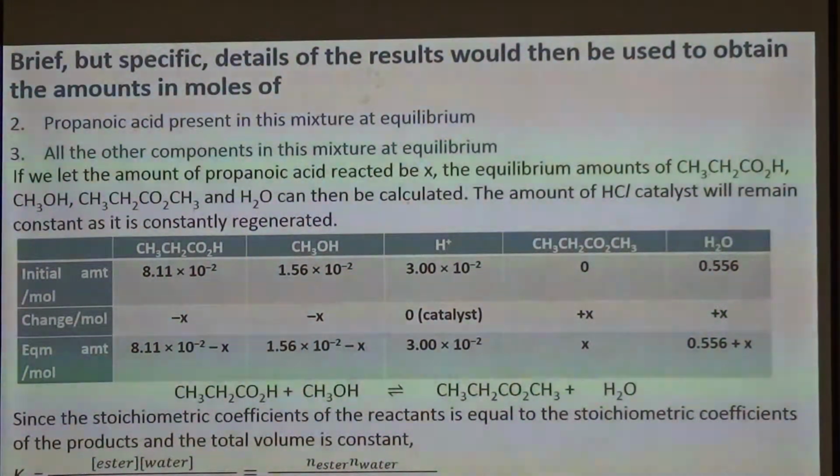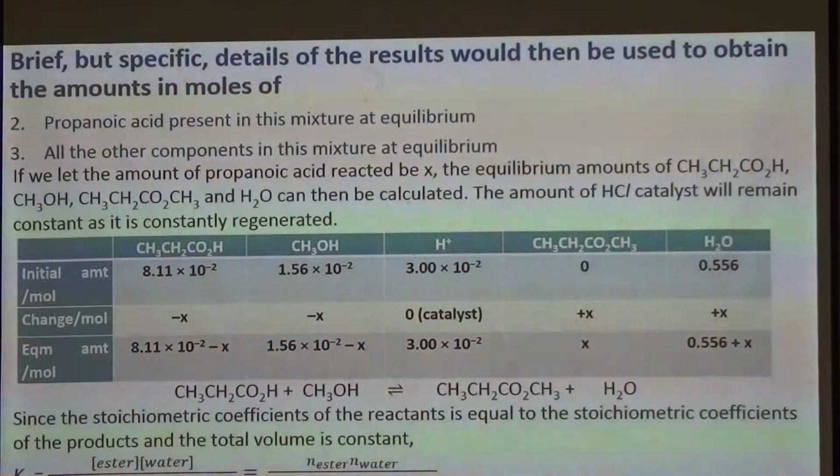The change, if you let it be minus X, plus X, plus X, there is no change in the amount of your H plus, because it's a catalyst. Which means that at equilibrium, you will be able to determine what is this, this one no change, what is X and what is this. You know X because you have done the titration.